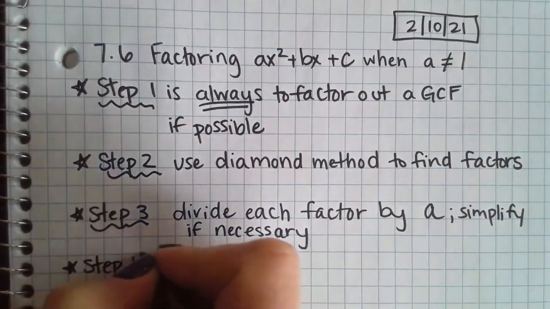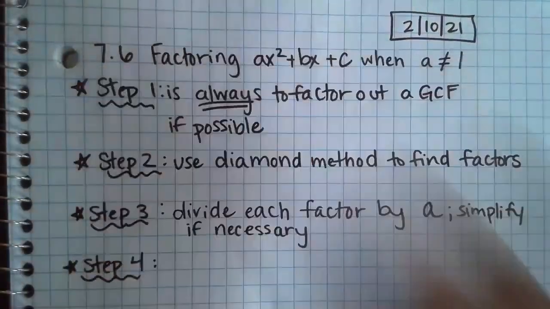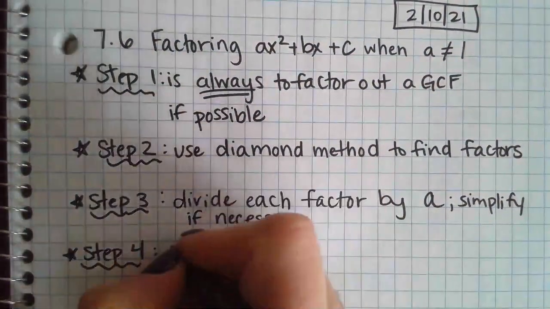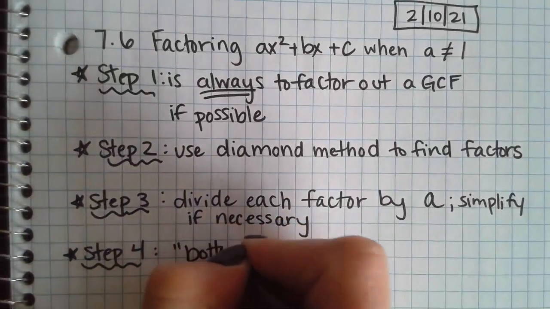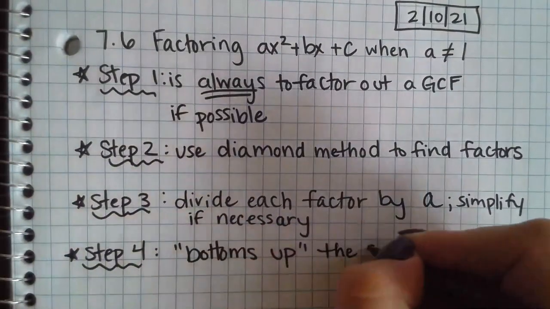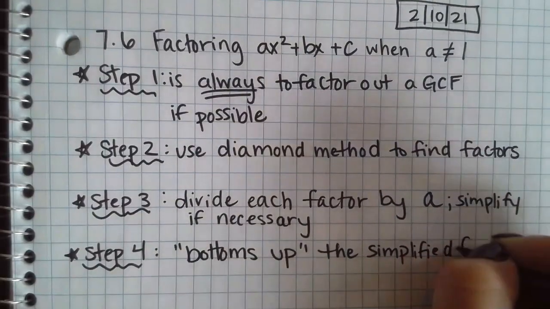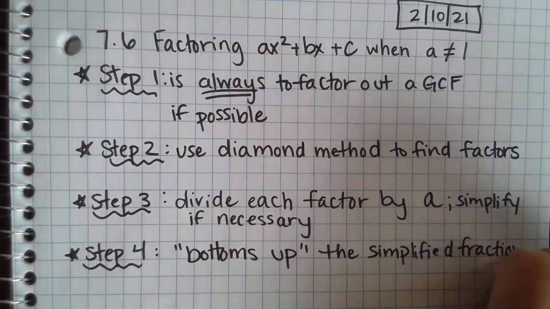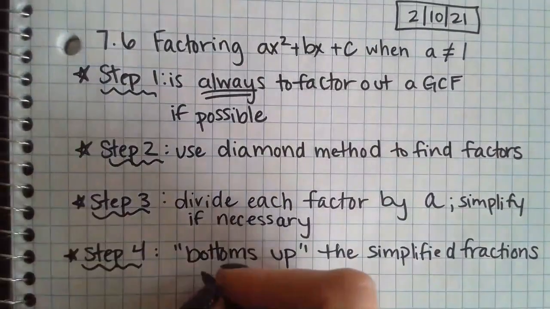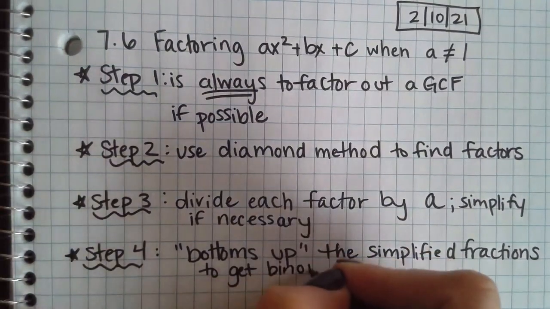Step 4 is bottoms up the simplified fraction, or fractions on both sides, to get your binomial factors.